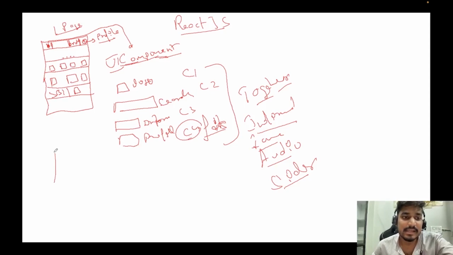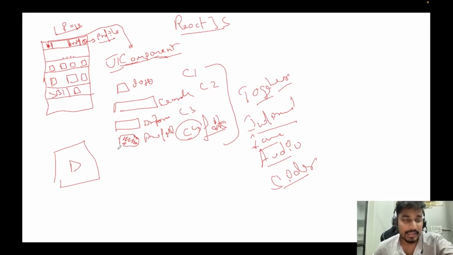Otherwise you will see an internal server error, and you must have seen pages load with a lot of errors, internal server error, and 404 not found. But here, if a single component is not running, only that particular component will fail. The rest of the components will load seamlessly.